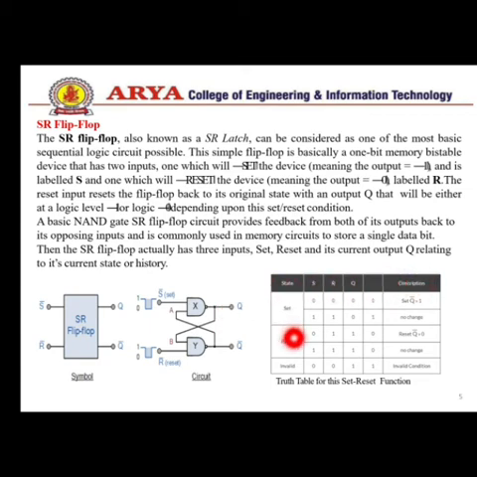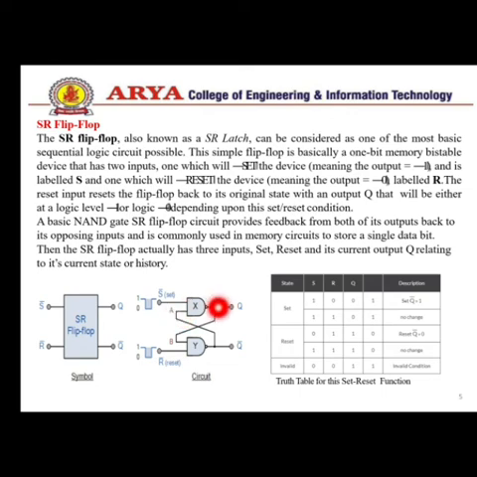So first we put the value 0 0. So 0 and 0 are connected to the inputs of this NAND gate, and we know that if the first input of a NAND gate is 0, the output is always 1.